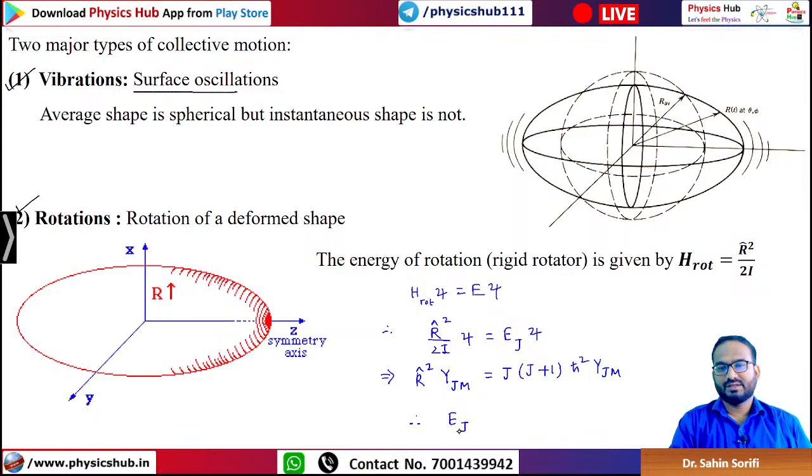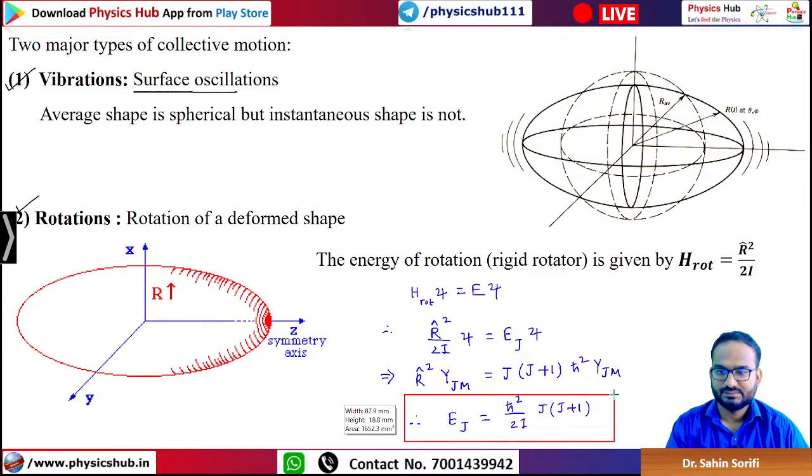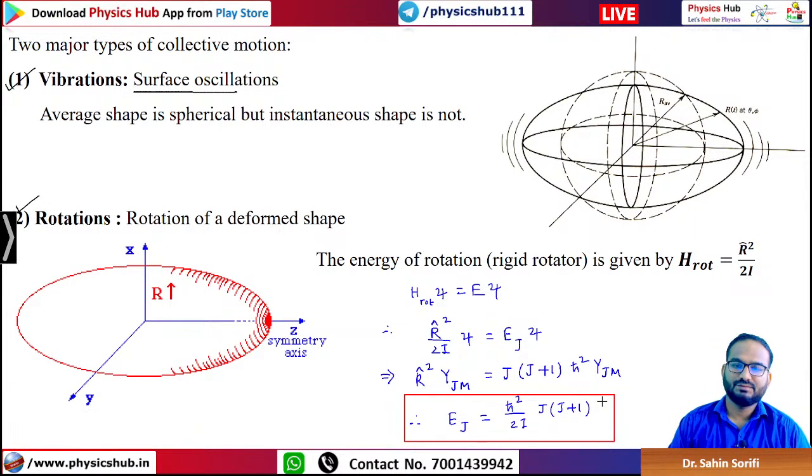So from this we get Ej is equal to h cut square by 2I times j into j plus 1. So mainly you need to remember this formula, okay? You can ignore the derivation. This one you need to know.